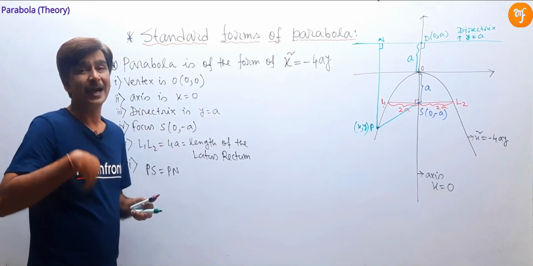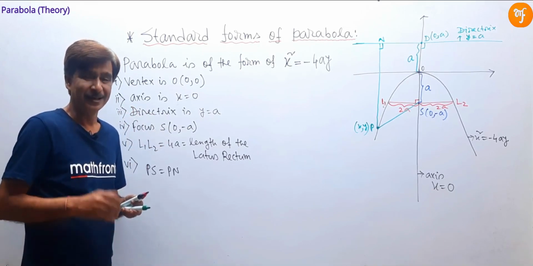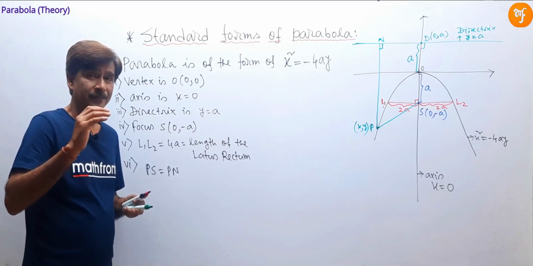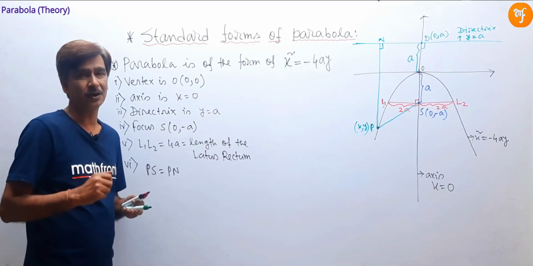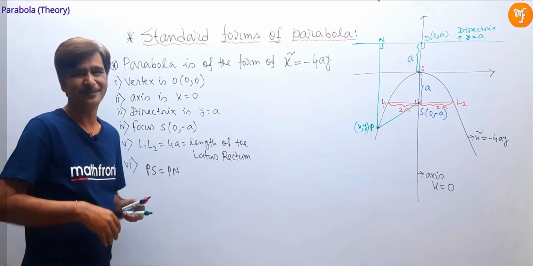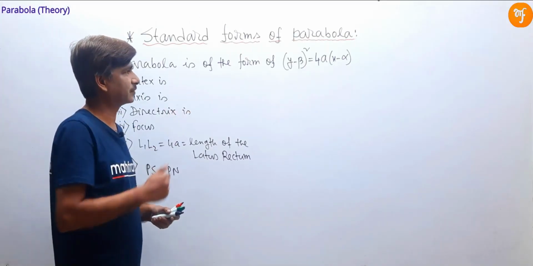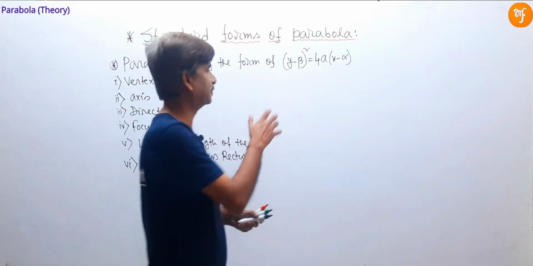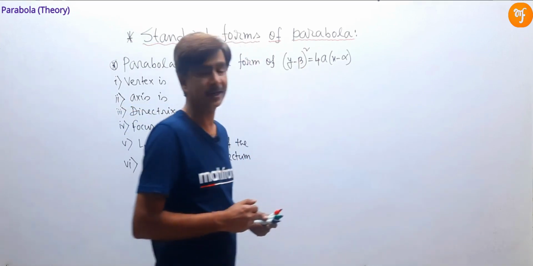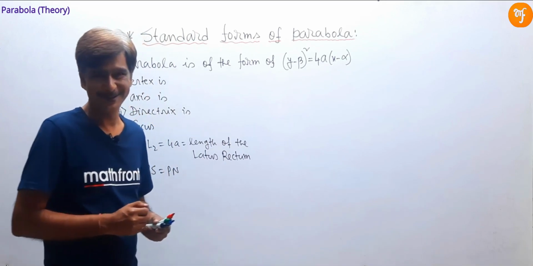Now come to another form of the parabola, where the parabola has vertex at alpha comma beta. So friends, now we are discussing the parabola of the form y minus beta whole square is equal to 4a into x minus alpha.